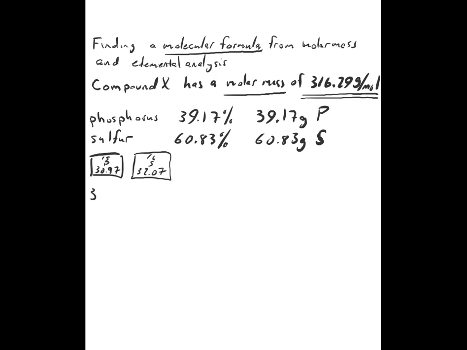So 39.17 grams of phosphorus. 1 mole of phosphorus is 30.97 grams. Okay, so it's going to be a little more than a mole. 39.17 divided by 30.97, and you get 1.265 moles of phosphorus.